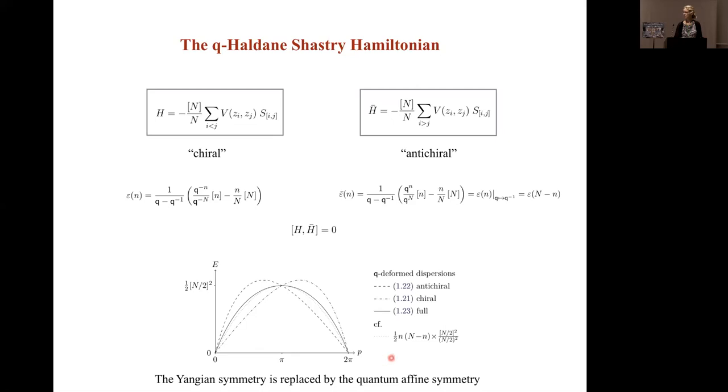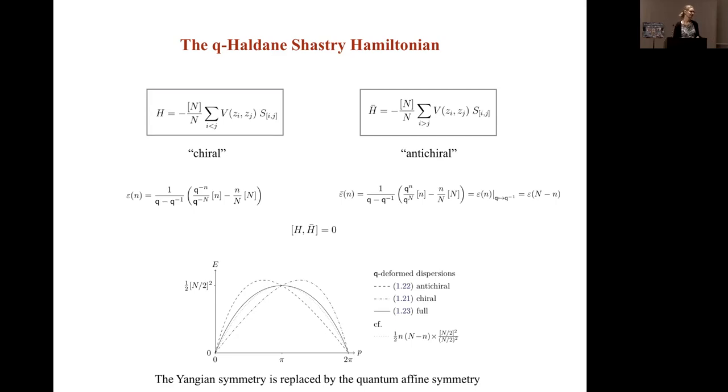Now, I was saying that the Haldane-Shastry model has a huge symmetry, which is the Yangian symmetry. Now the symmetry is replaced again. There is a huge degeneracy. This is for q real. For q imaginary, like root of unity, there are some particular phenomena that we haven't yet looked at, but for example, at q equals i, the spectrum is very, very degenerate, and something happens there.